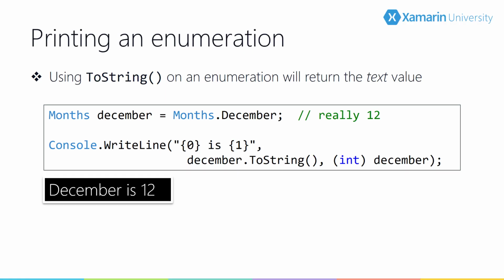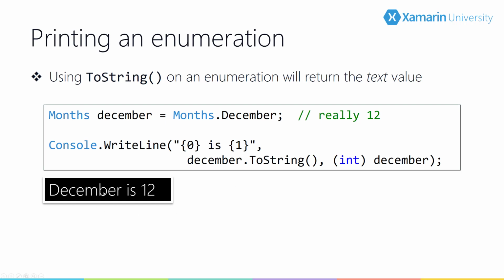Now, enumerations can also be printed and displayed. So here, notice how we have that enumeration defined as months, and we're creating a variable of type months, and we're saying that the month December is holding the actual enumeration month December. So if I wanted to print some information about this, notice how we're just using some basic placeholder technique here. If I say December.toString, that will print the value of the enumeration's identifier.